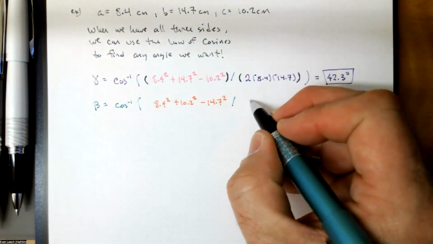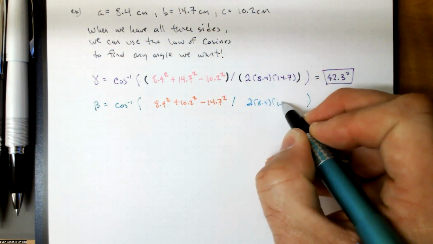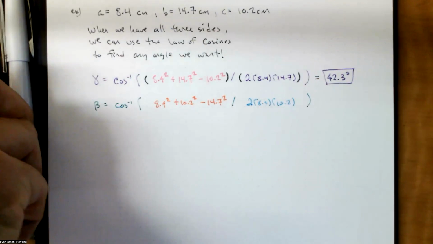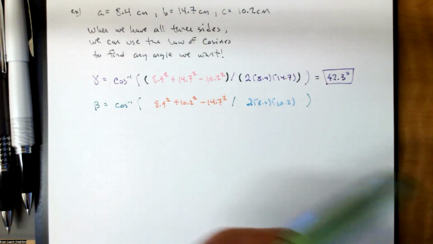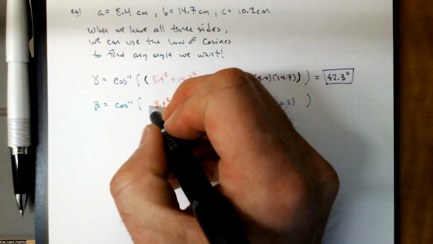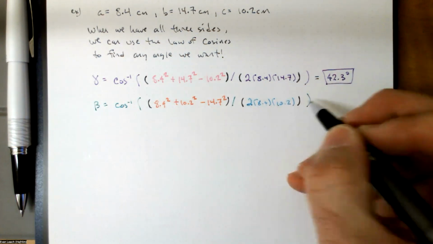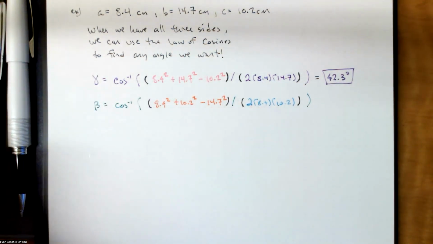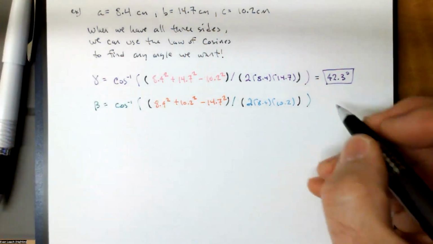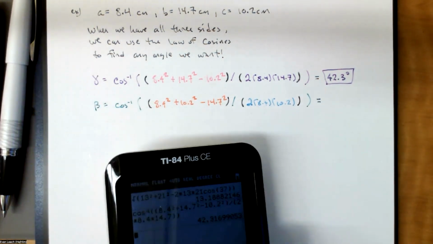And the denominator will be 2 times the 2 positive ones. Oh well. And we're going to need parentheses around the numerator and parentheses around the denominator. And we just type it like we see it.